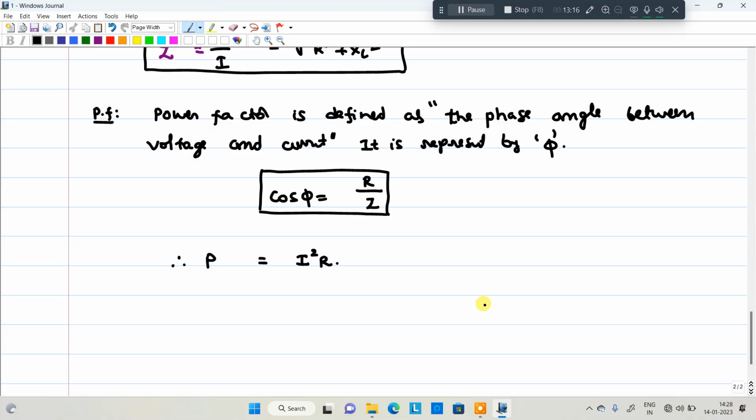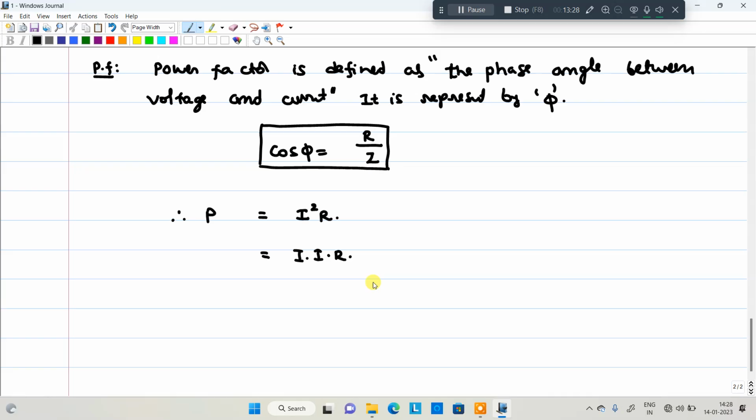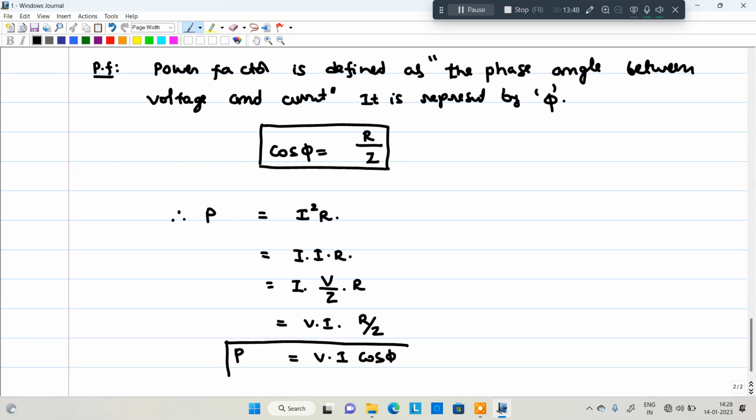Active power is represented by P. So active power P is equal to I square R. We can write I square as I into I, and I into I we can write as V by Z, right? From that, VI into R by Z. R by Z is nothing but the power factor cos phi. Finally, the active power formula: P is equal to VI cos phi.